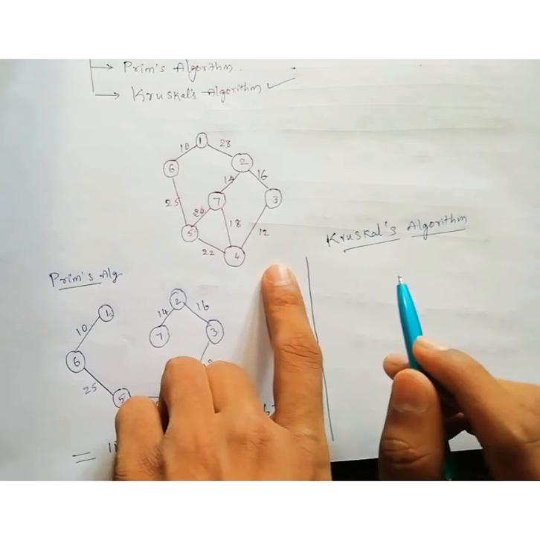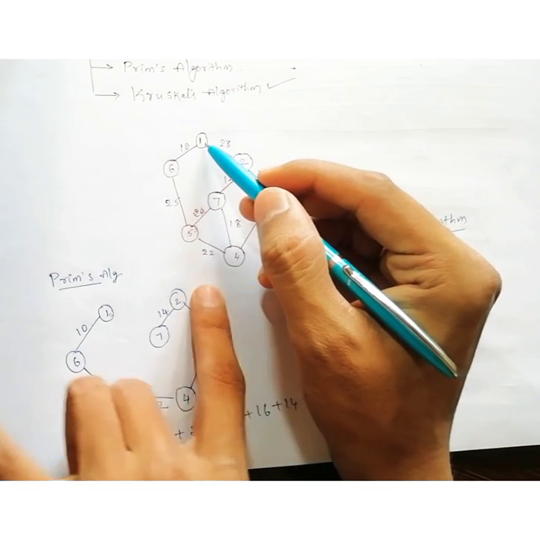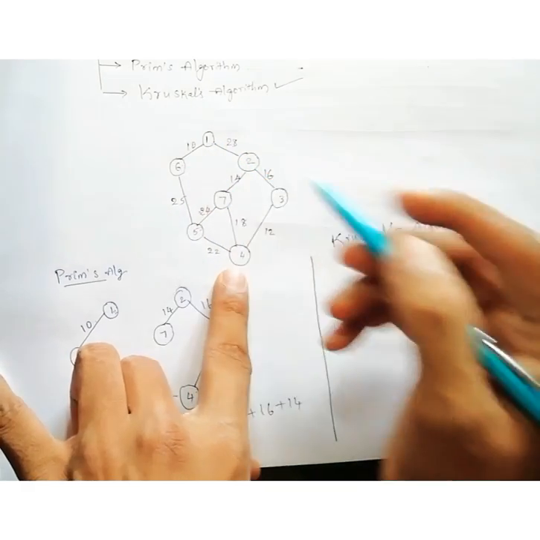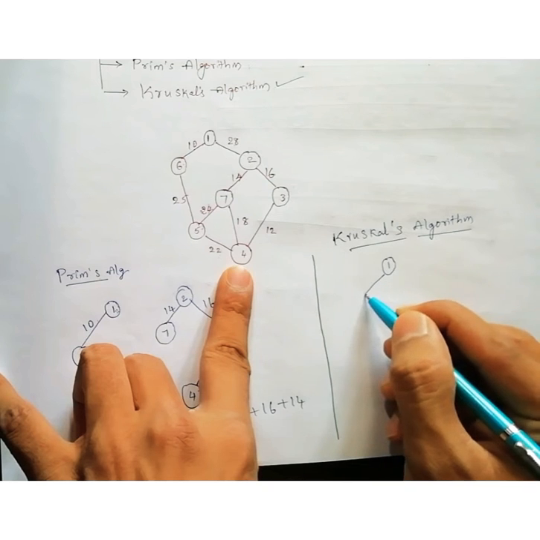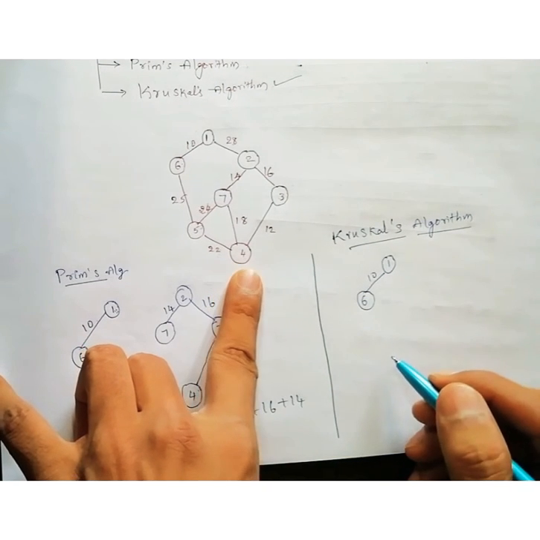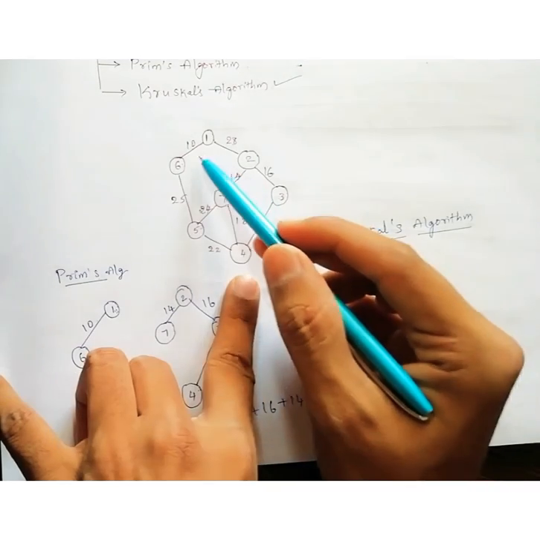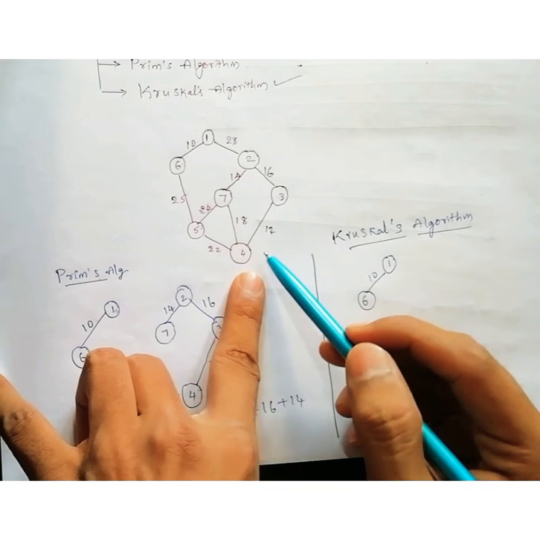Okay, so what is the first minimum edge? Here 10, that is from vertex 1 to 6. So just write that from 1 to 6 the edge is 10. What is the next minimum edge? After 10, 12. So what are the connected vertices? 3 and 4.